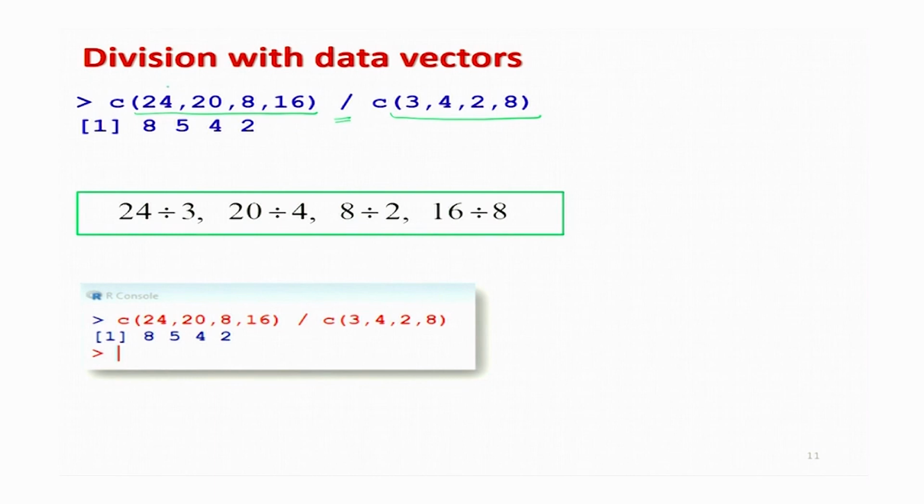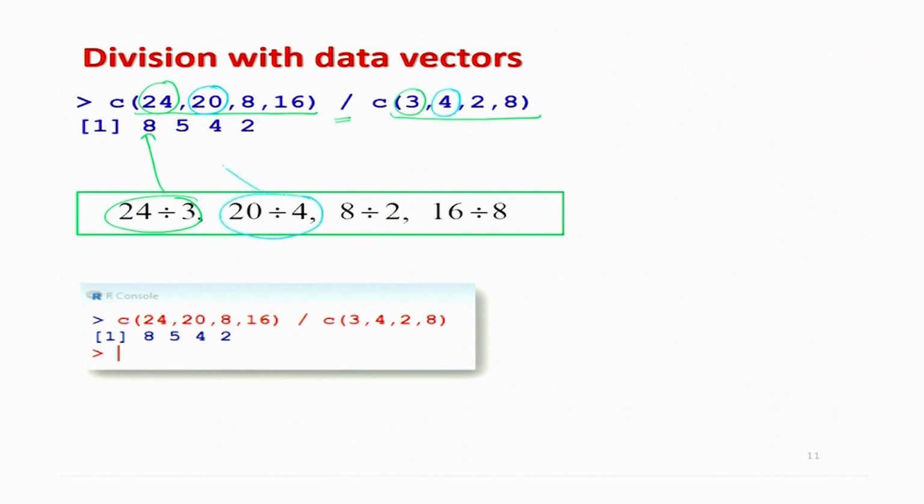That means the first value at the first position in the data vector 1 will be divided by the first value at the first position in the data vector 2. So, this will become 24 divided by 3, which is 8, and then the value at the second position in the data vector 1, which is 20, and the value at the second position in the data vector 2, which is 4, they will be divided.